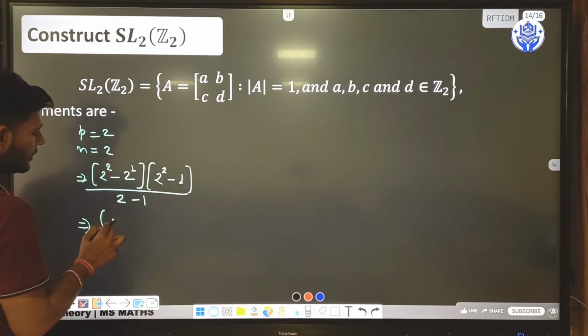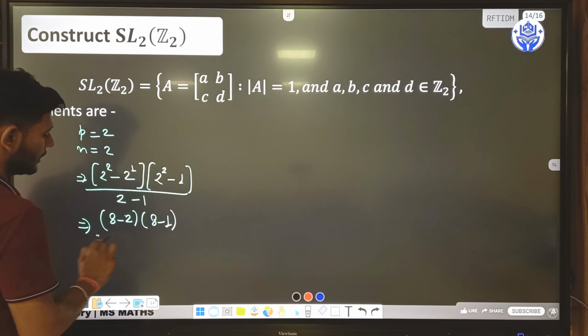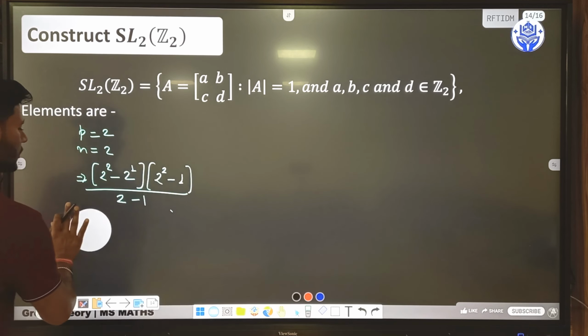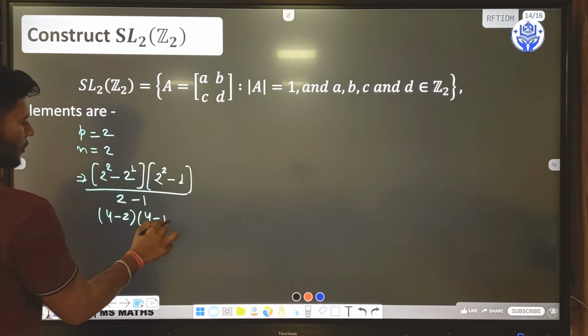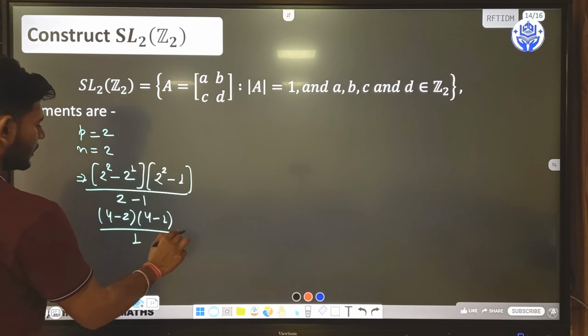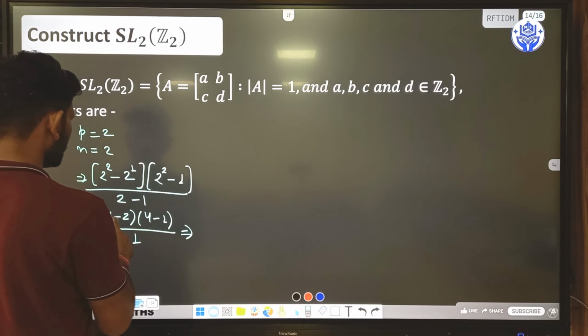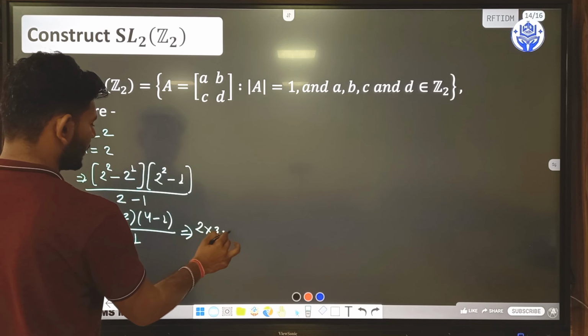So it is 4 minus 2, 4 minus 1, divided by 1. It means the number of elements is 2 times 3, that is 6 elements.